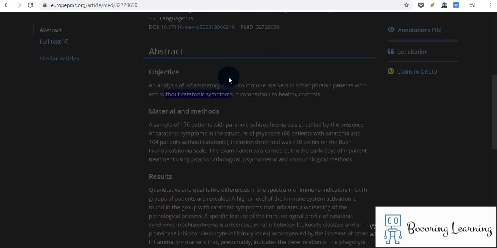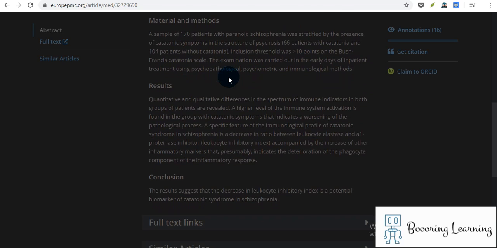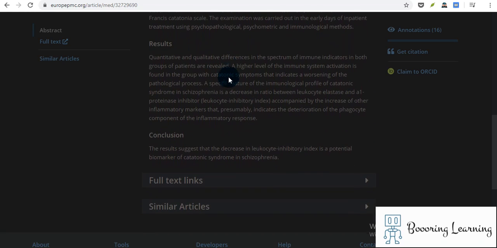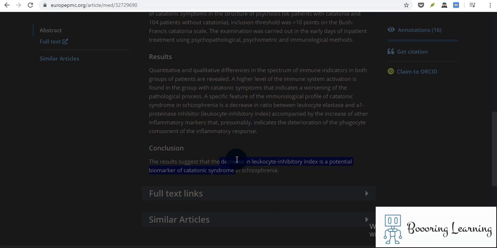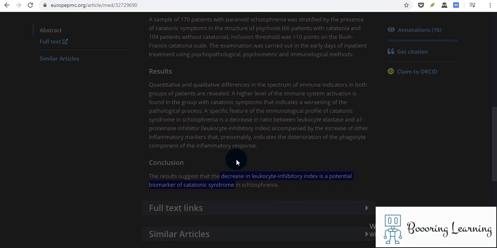So the study is quite interesting, and it seems it can be used to categorize, not categorize, to detect it. But actually I'm not sure how it can be useful in clinical settings, because if a patient is catatonic, then you can observe it.